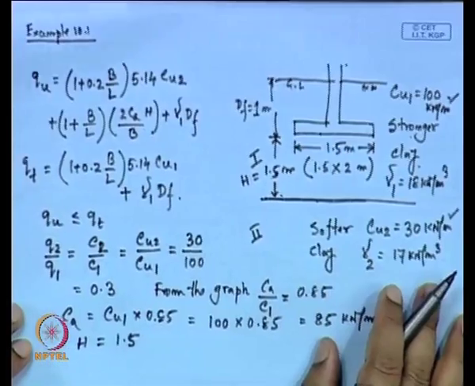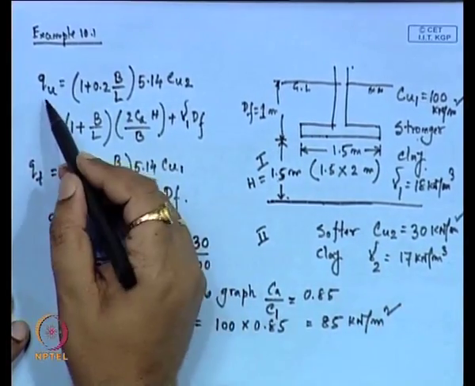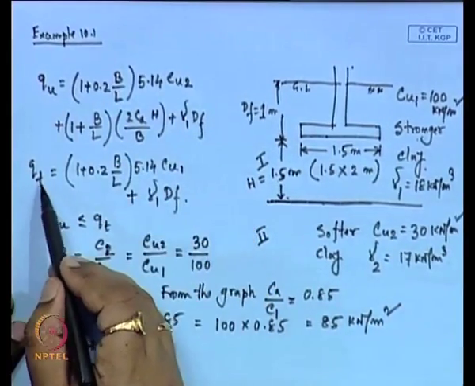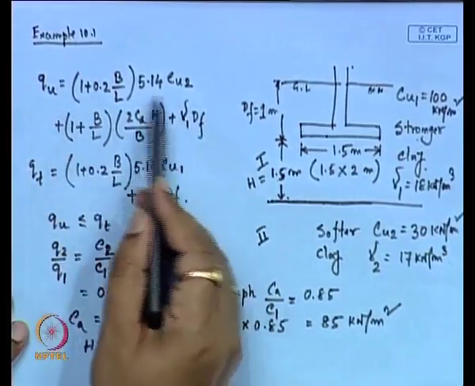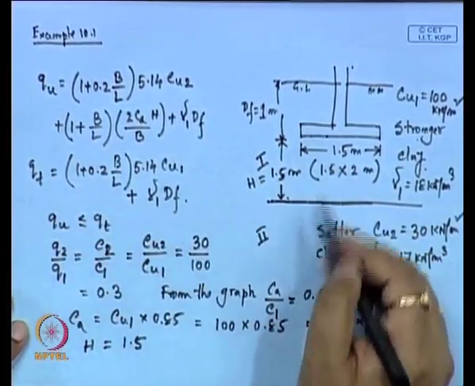So, now if we calculate, we will get the Qu value, and Qt is the top layer bearing capacity. This is the total bearing capacity considering both the layers.